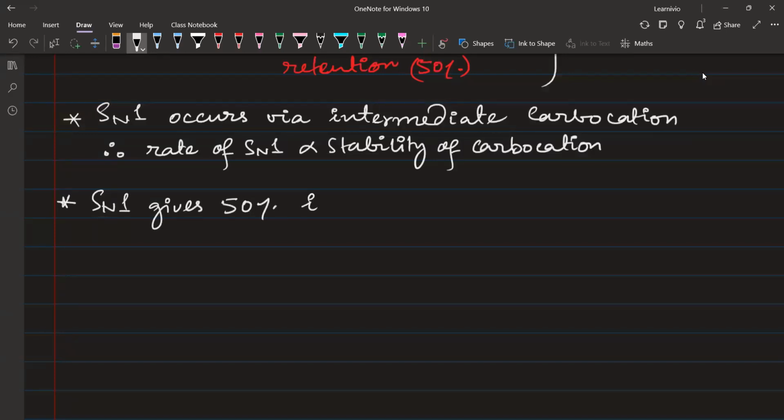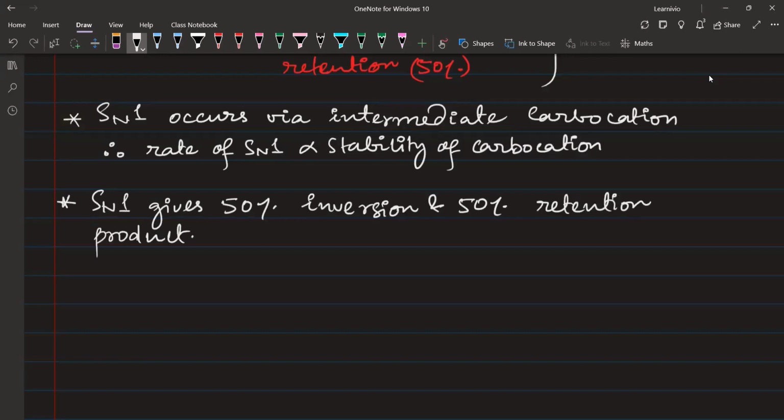50% inversion and 50% retention product. Okay, next line.